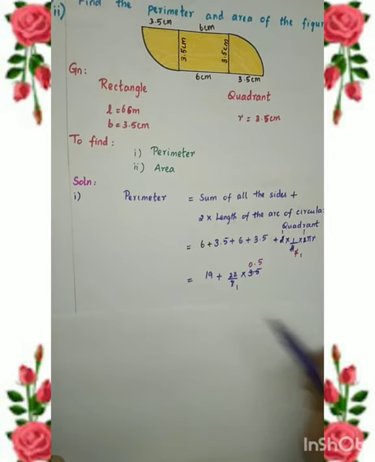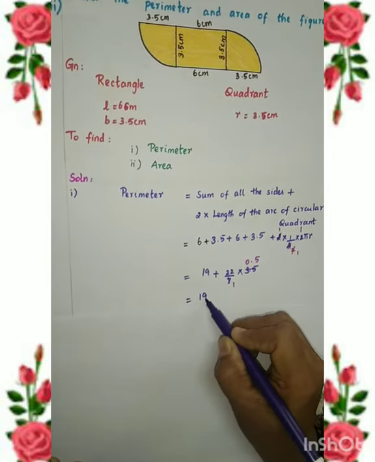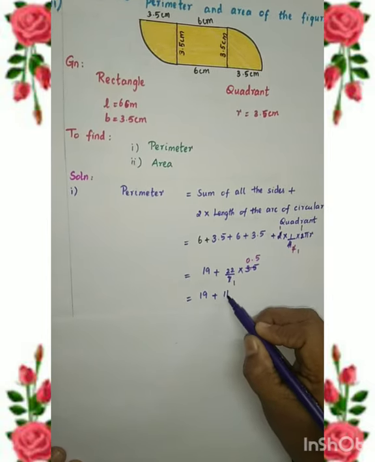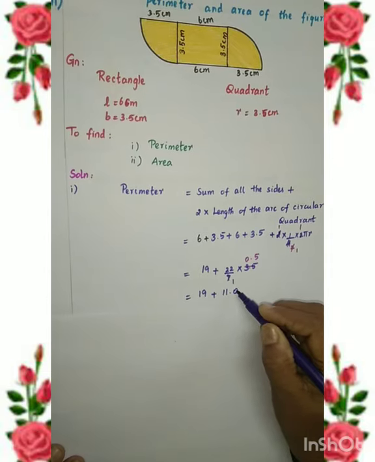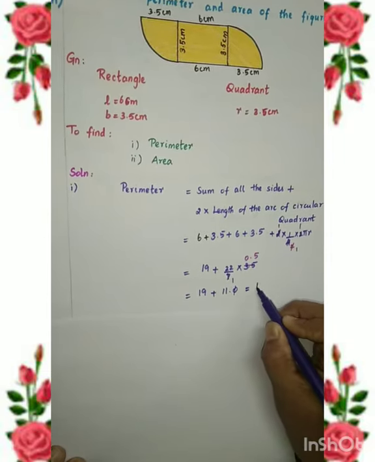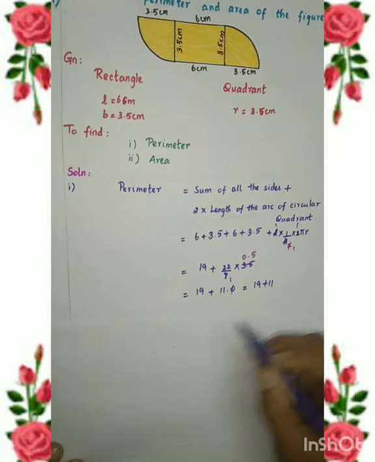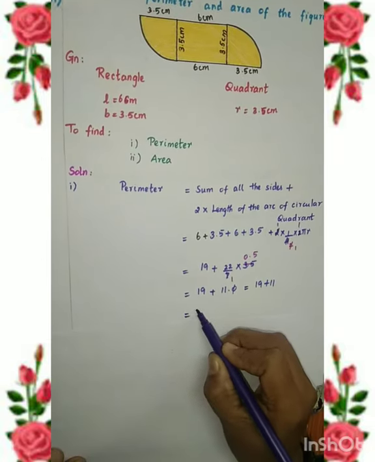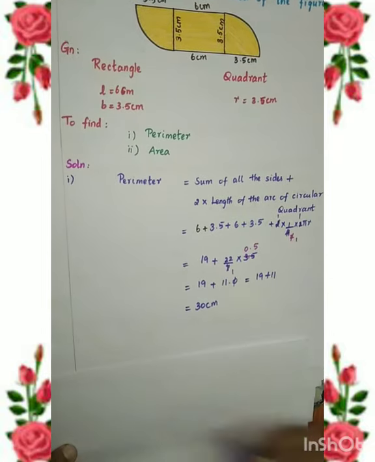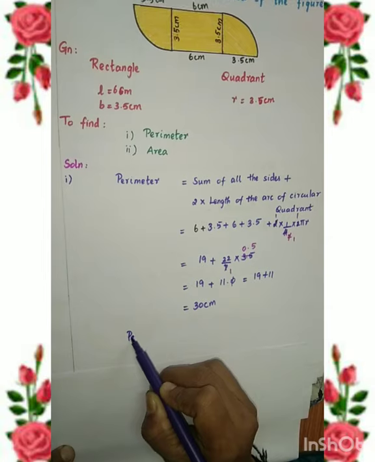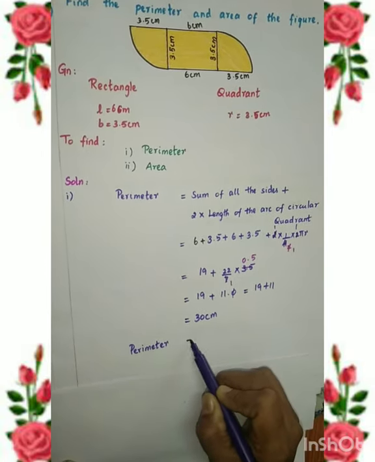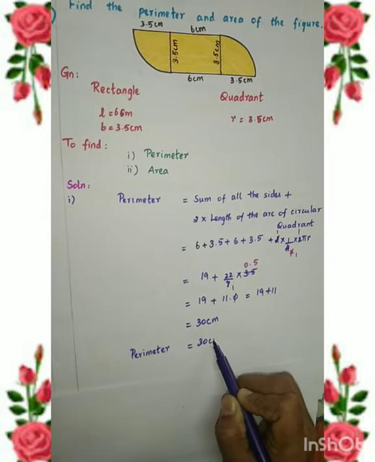Then we multiply: 19 plus 22 into 0.5 is 11. After the decimal point, 0 is not valid. So that is 19 plus 11, which equals 30 centimeter. Therefore the perimeter of the given figure is 30 centimeter.